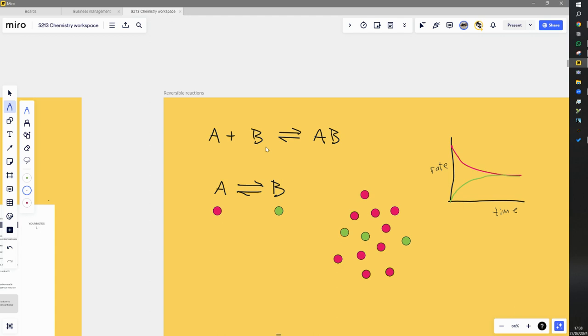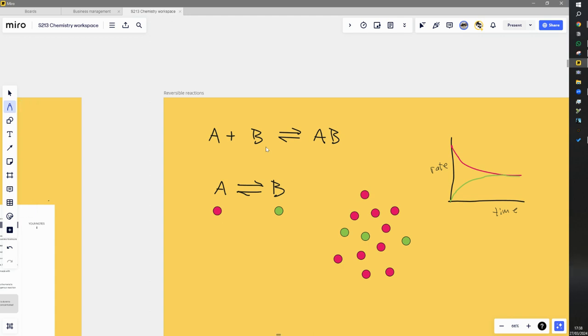So they always meet in the middle if it's this kind of equation, because the rate stops changing once they're both the same. They meet in the middle and then become flat.